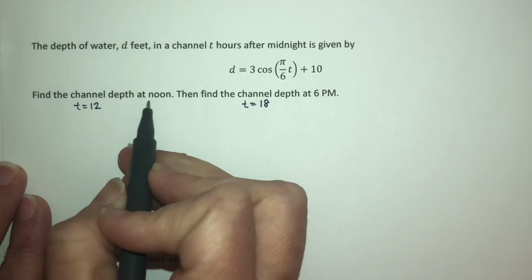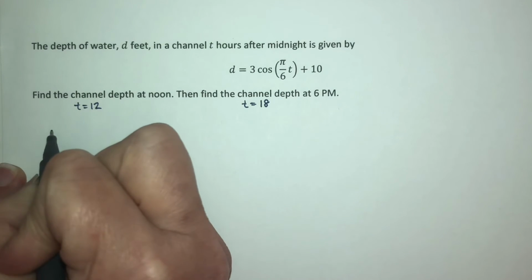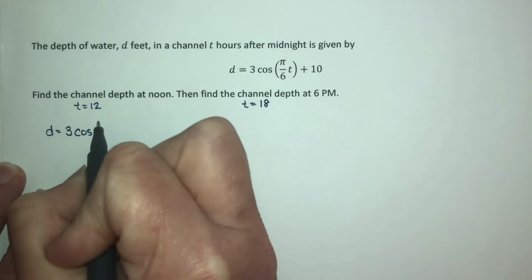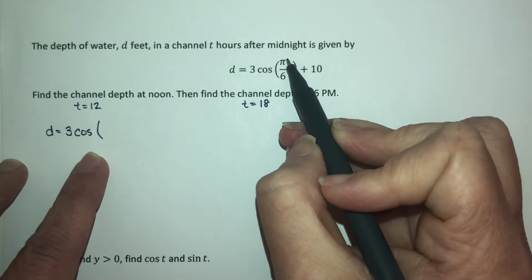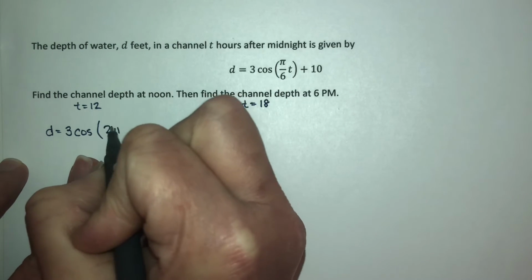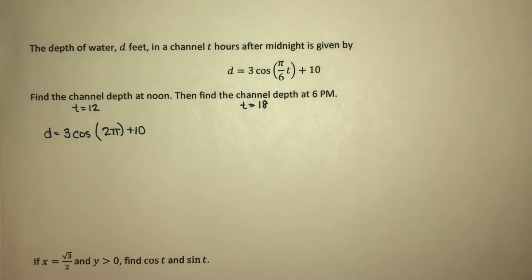So at noon, I'm going to plug in 12 for t, and my depth is 3 times cosine of pi over 6 times t. Pi over 6 times 12 would be 2 pi, plus 10. What is cosine of 2 pi?